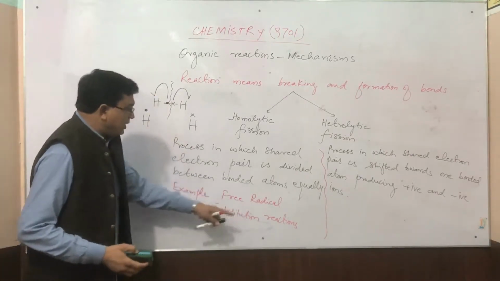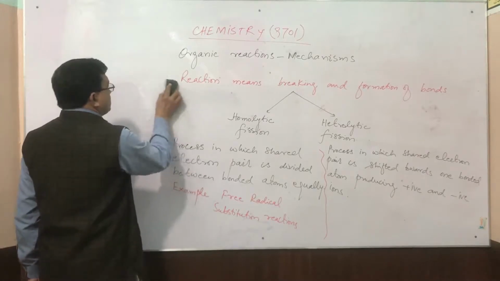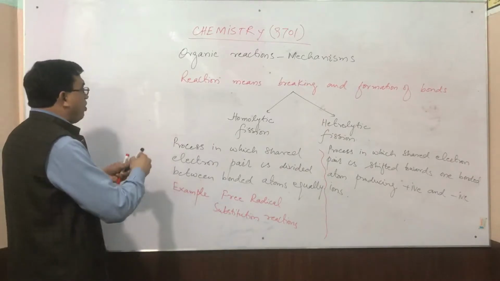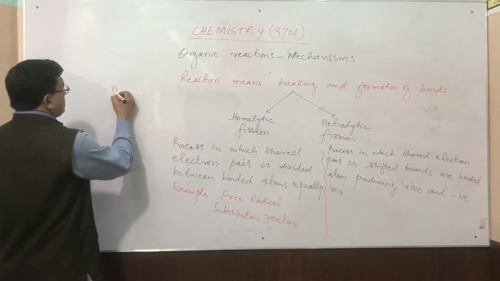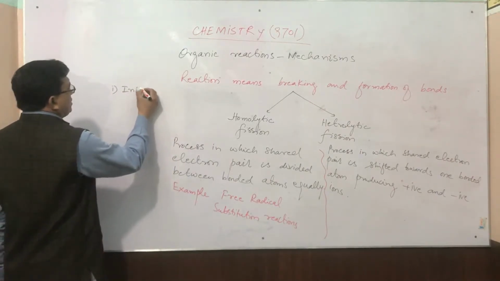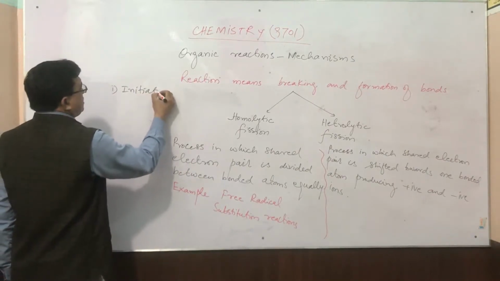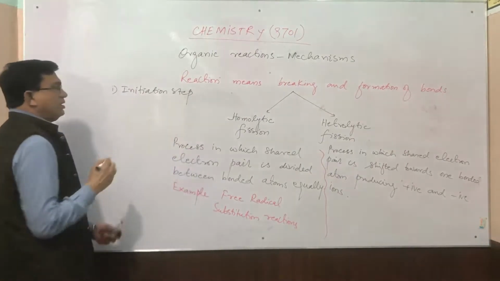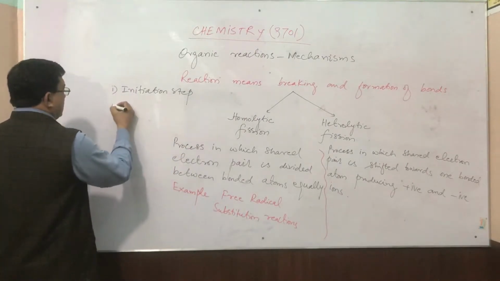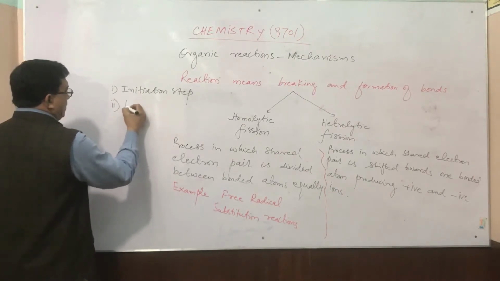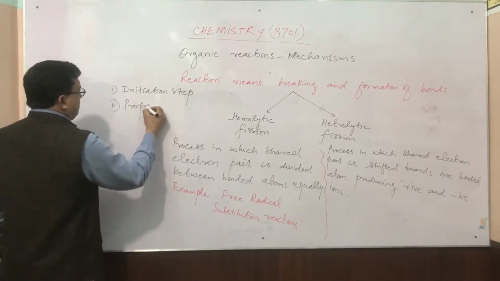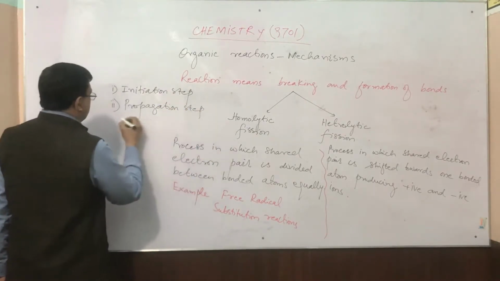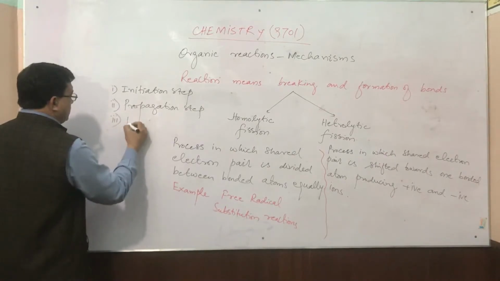Now, in a free radical substitution reaction, we know that there are three steps involved. Number one, the first step is initiation. The initiation step means this step starts the chemical reaction. The second step is propagation, and the third is termination.